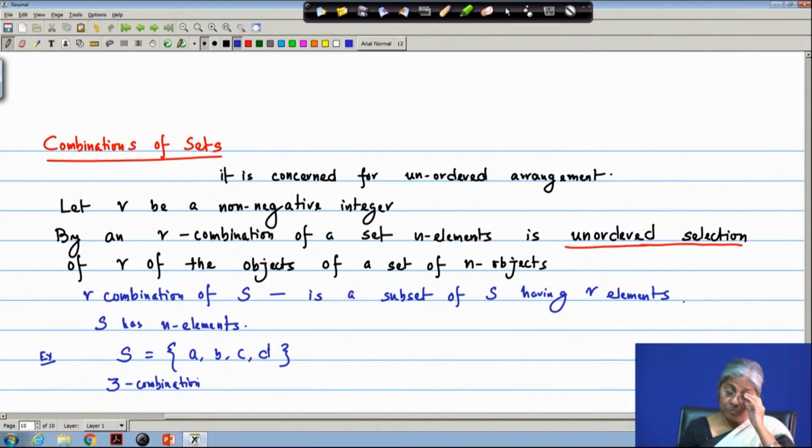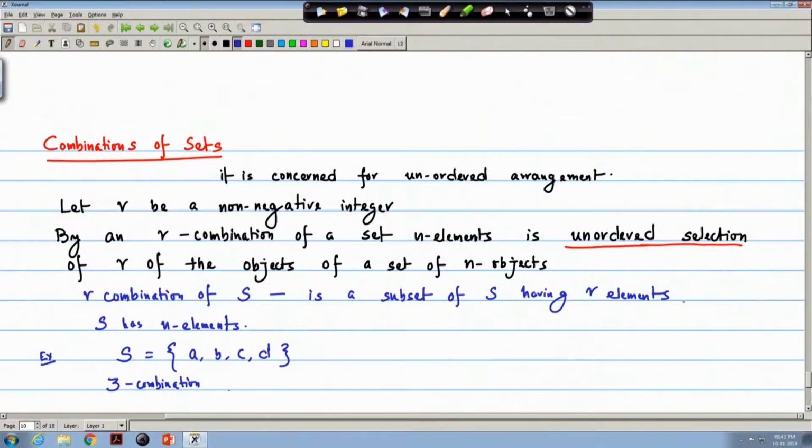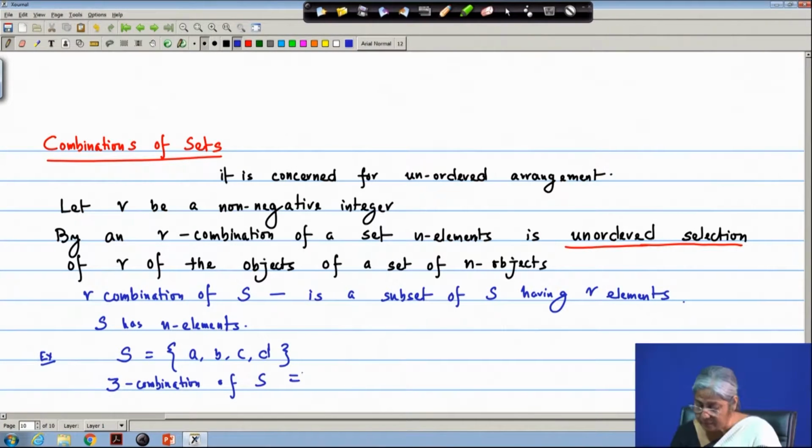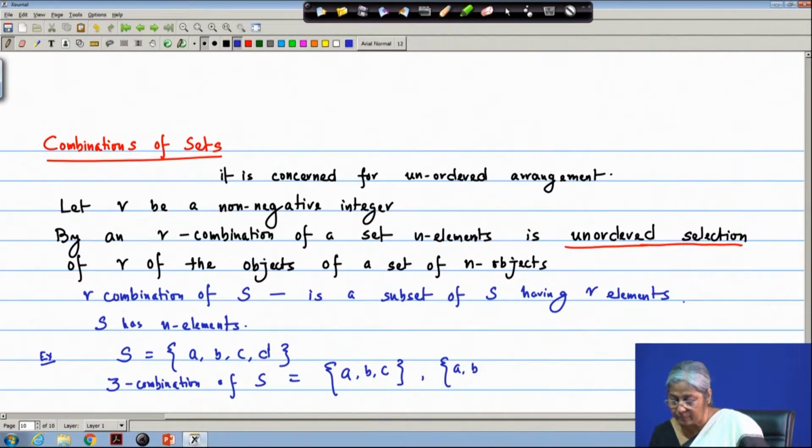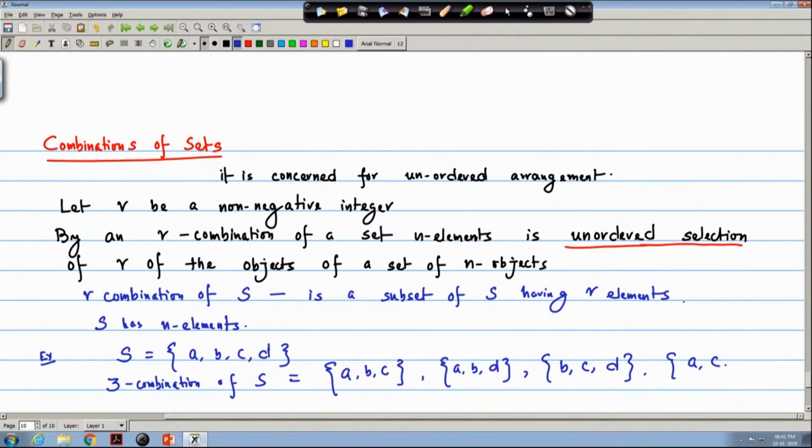That means I have to take the subsets having 3 elements from this 4 element set S. So, the 3 combinations of S are ABC, ABD, BCD, and ACD. So, these are the 3 combinations.